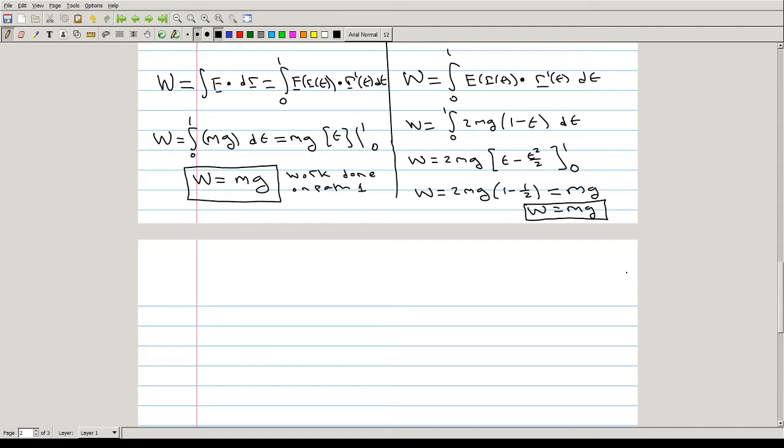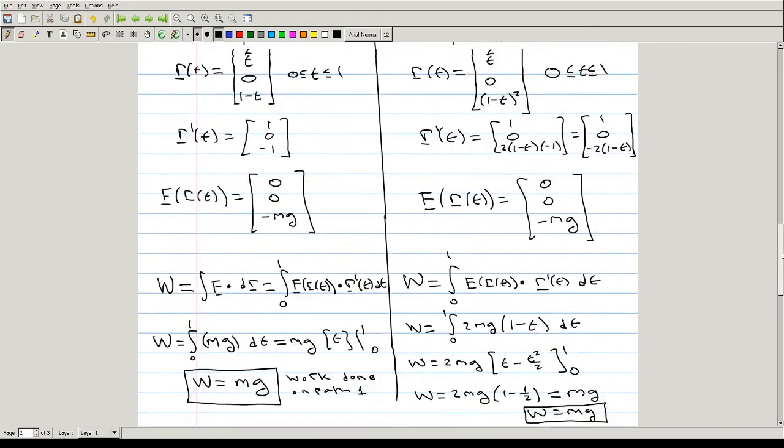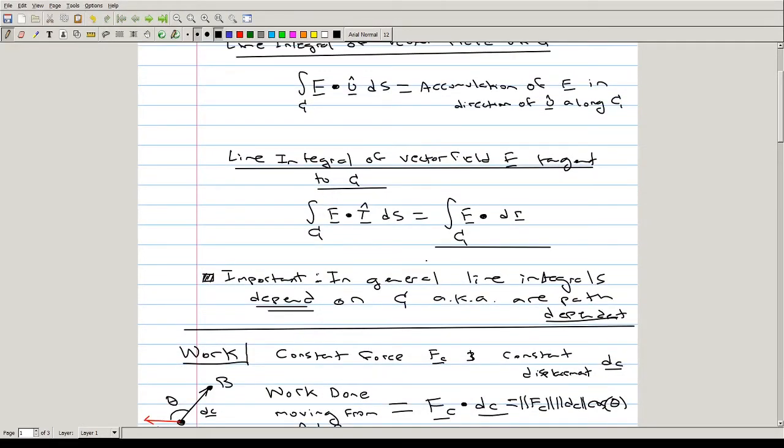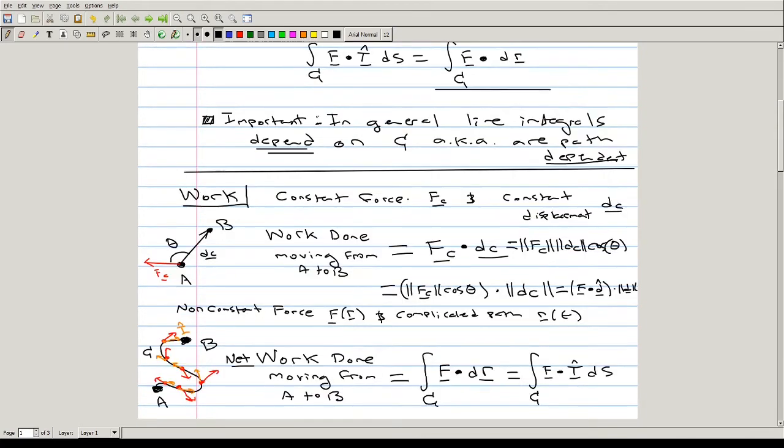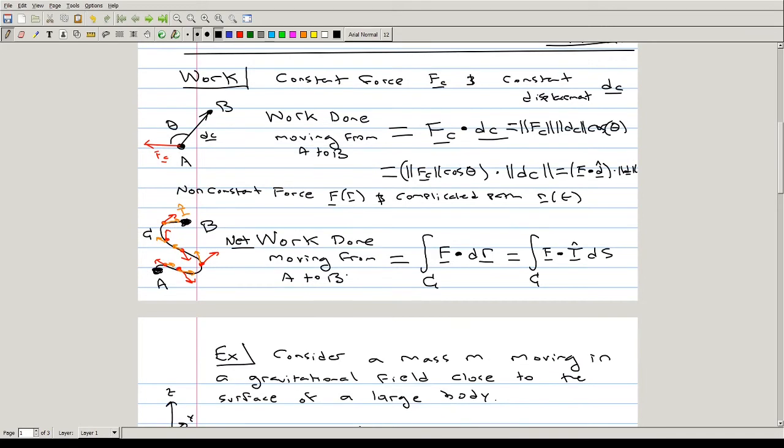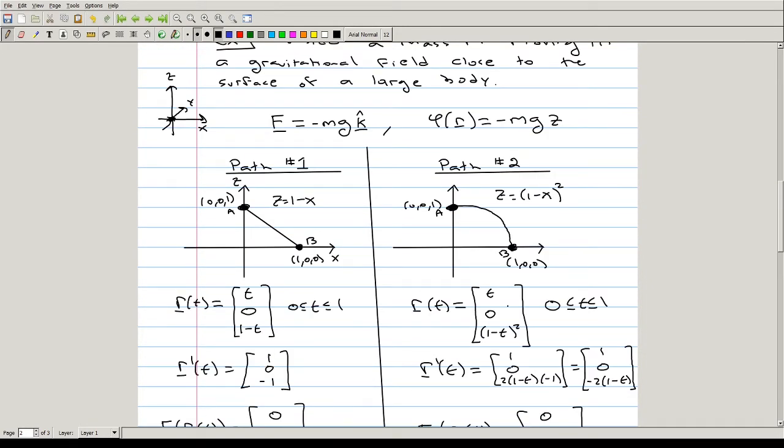So this is an important example, and it really shows us a lot. It shows us that there is a certain class of vector fields for which the line integral, specifically the line integral tangent to curve C, this third type of line integral right here, is path independent. So it's not always path independent. In general, it's not. But there's a certain class of vector fields that are path independent, and it shouldn't take you long to guess what that class of vector fields is, based on where this force field is coming from.